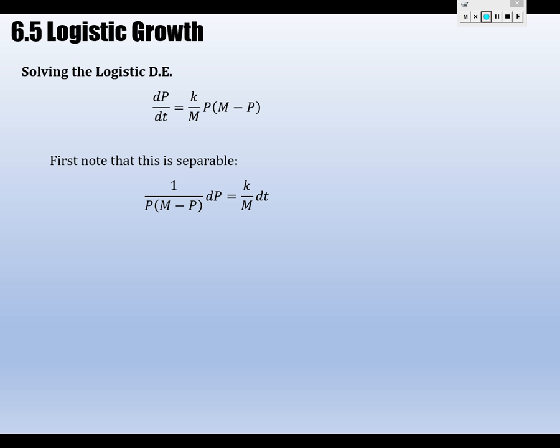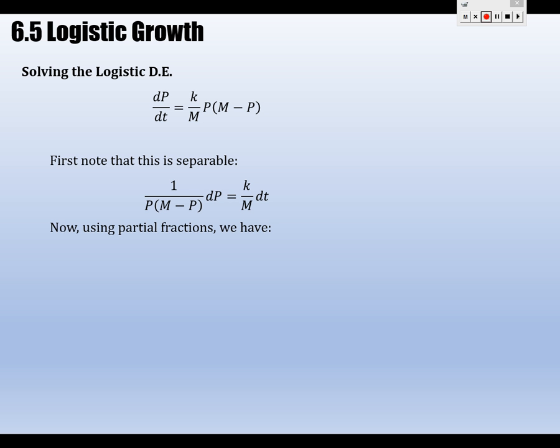I want to show you how this is done, but this is so labor intensive that you probably don't want to take the time on the AP exam to rederive this. We don't expect you to rederive this on the fly. But I do want to show you that it comes from all things we've done before.